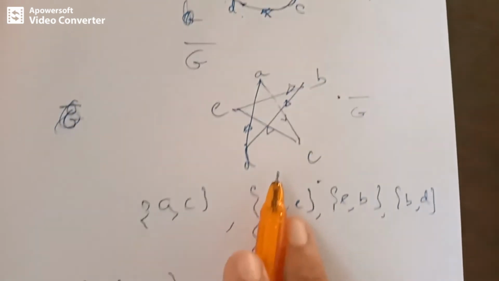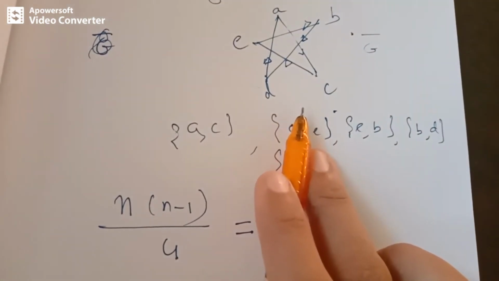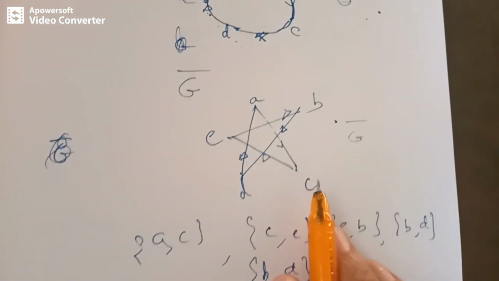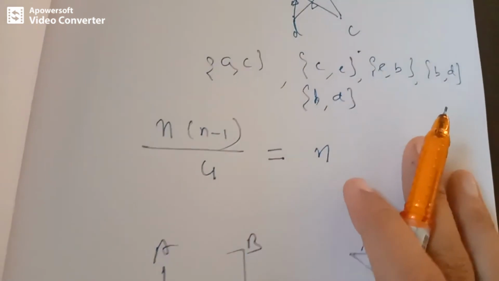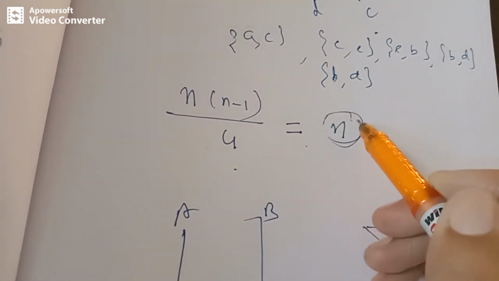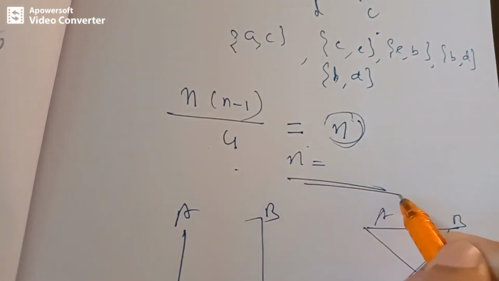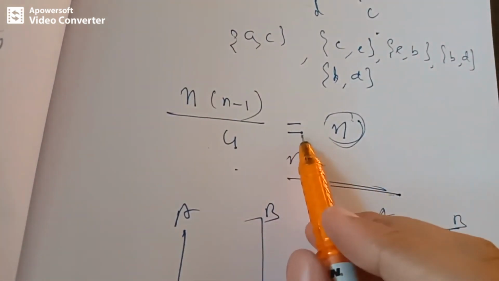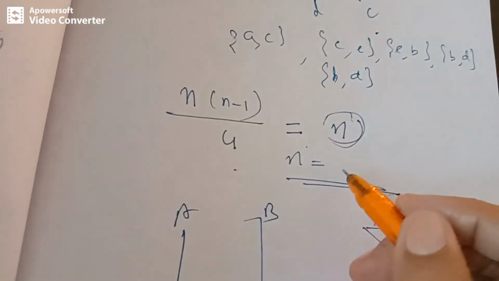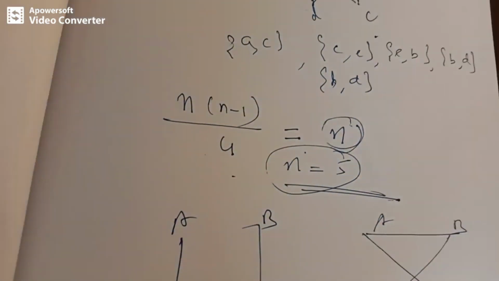So the number of edges in both graphs is given by n into n minus 1 by 4, which equals the number of vertices. So what will be the value of n? If n minus 1 is equal to 4, we get n is equal to 5.